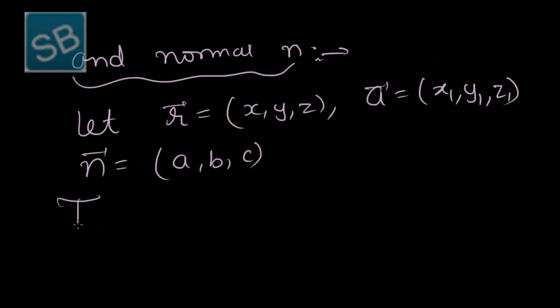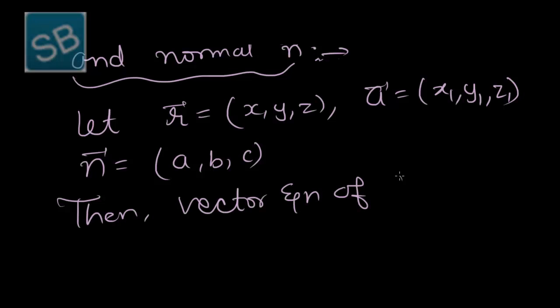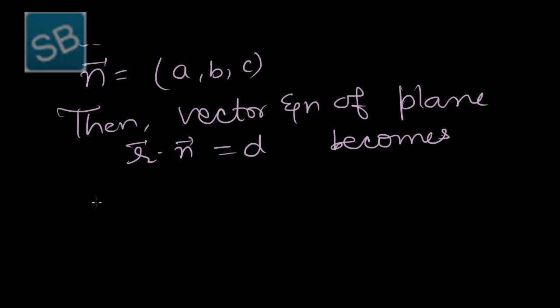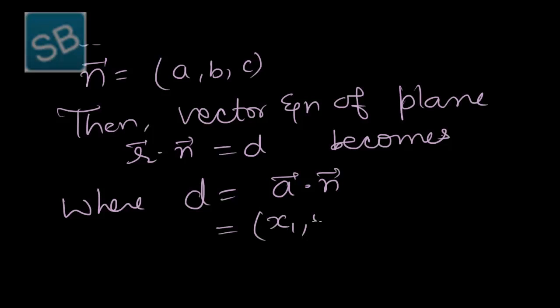Then the vector equation of plane r dot n is equal to d becomes, where d is equal to a dot n, that is the dot product of x1, y1, z1 with normal a, b and c.